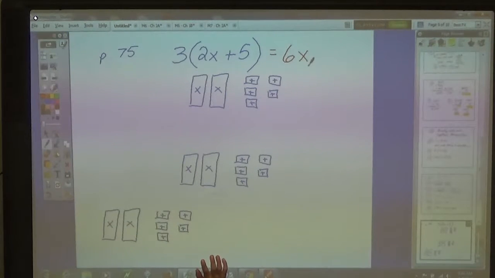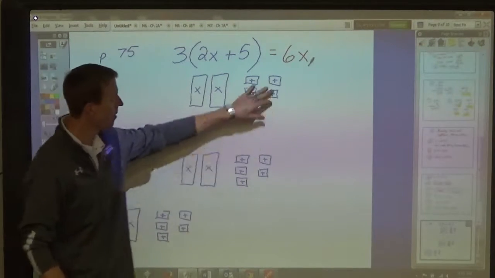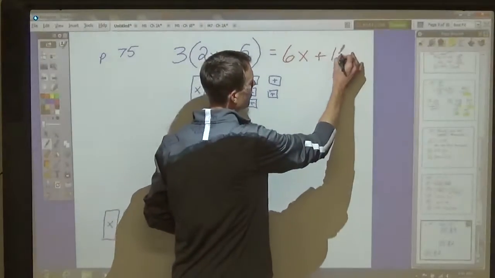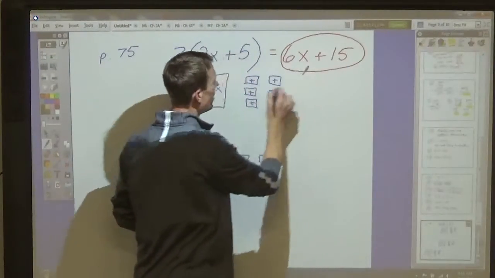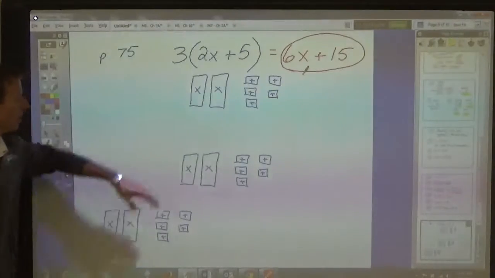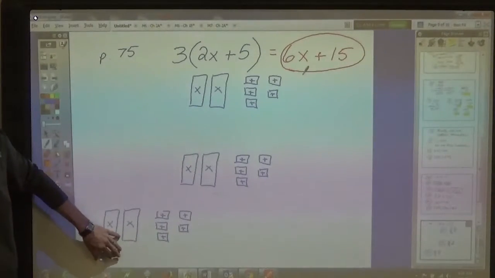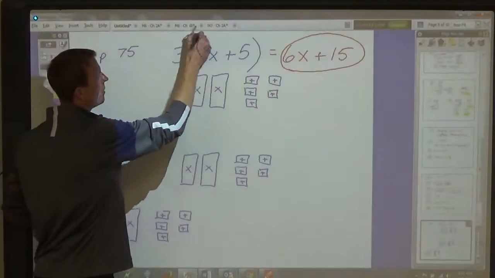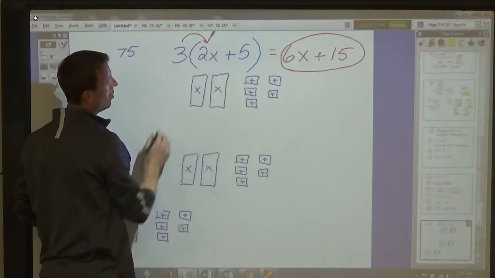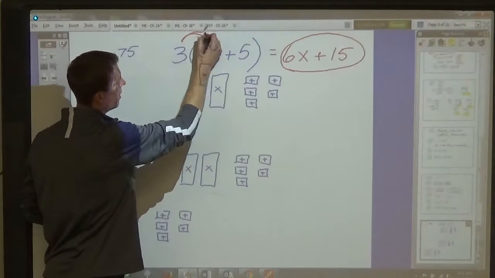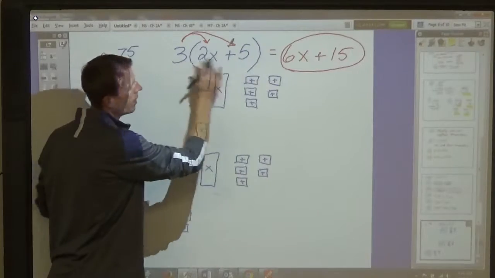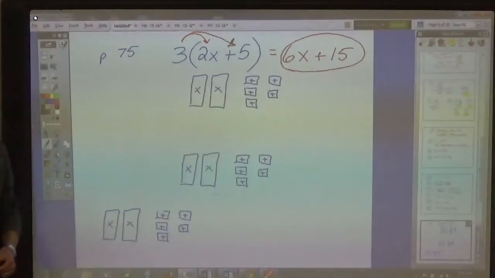And what else? How many ones? Jacob. 15 ones. 5, 10, 15. So this is the simplified form of these models. When you multiply 3 times 2x, you get 6x. And when you get 3 times 5, you get 15. Okay?